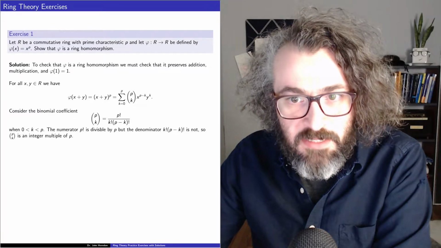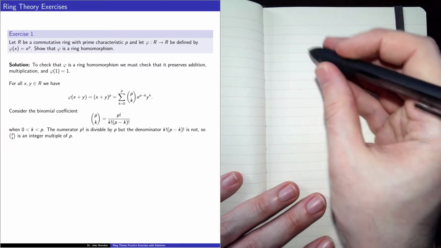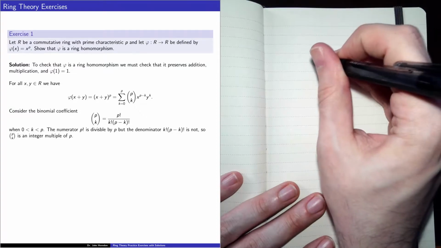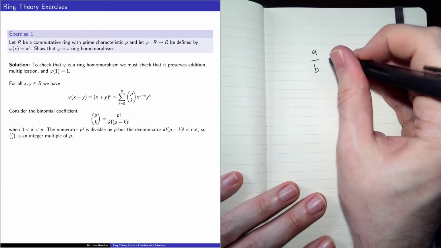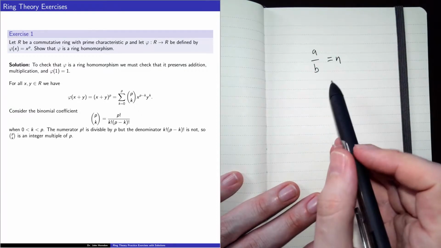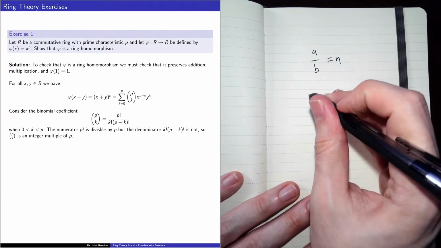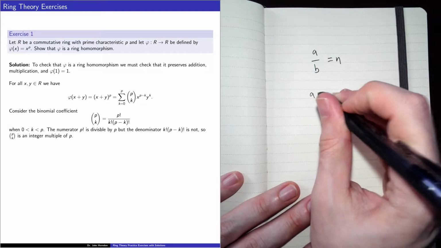So just to demystify that as best I can, if I've got a fraction, but I know the fraction is an integer, then I can rewrite this equation as this.